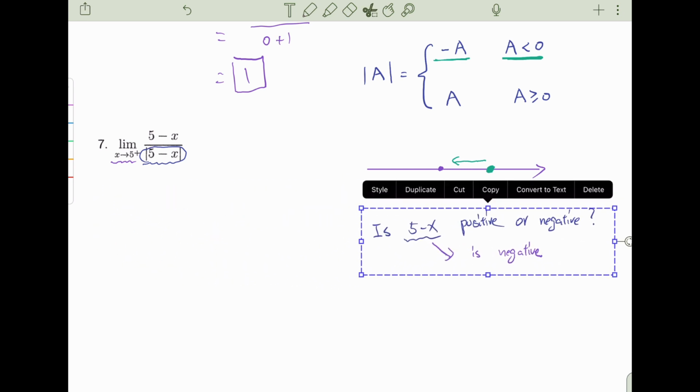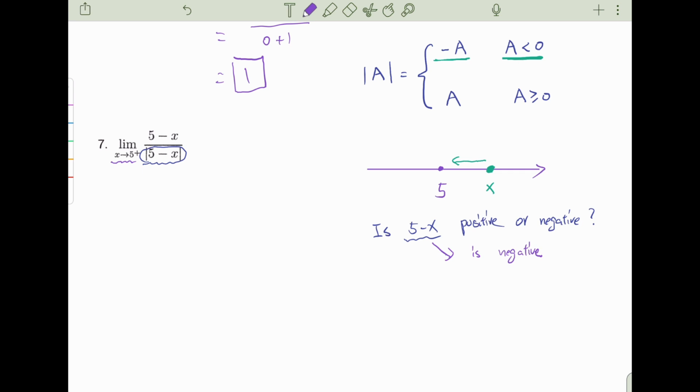We know that this stuff is negative, so we can just remove the bars by placing a negative sign. Okay, so 5 minus x. I'm not changing this. I am removing the bar, right? And I place a negative sign in front of it.